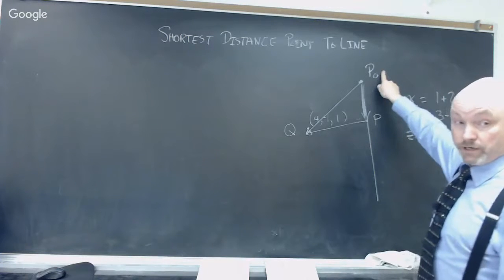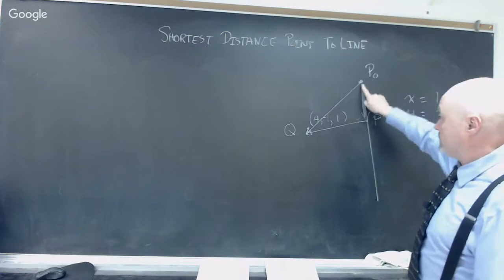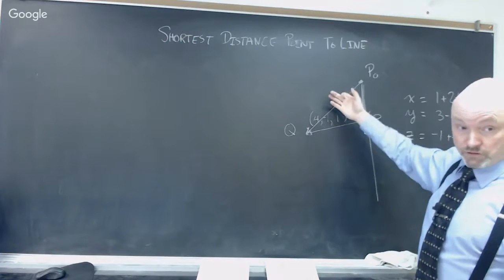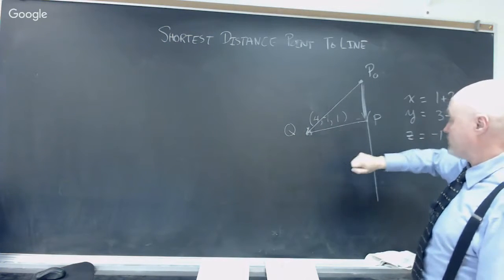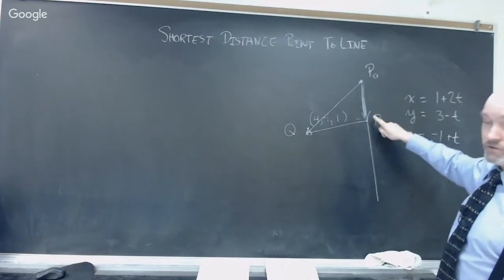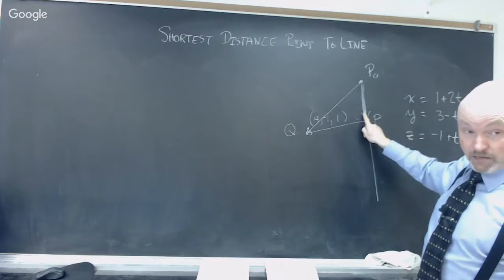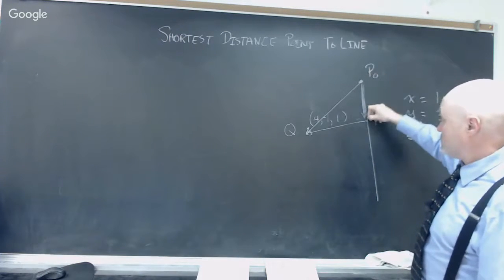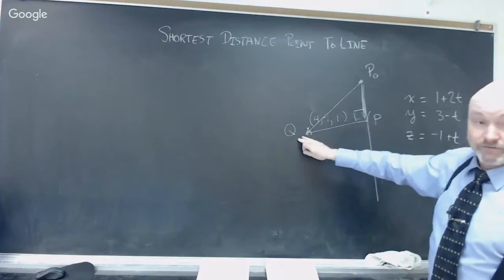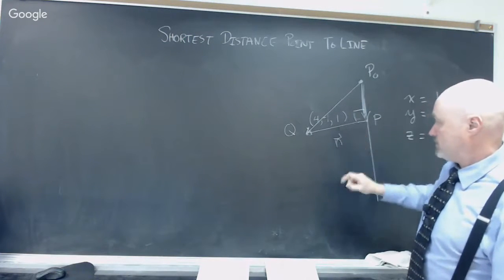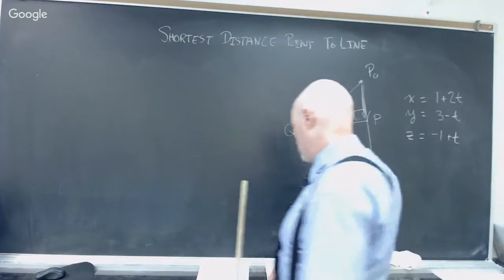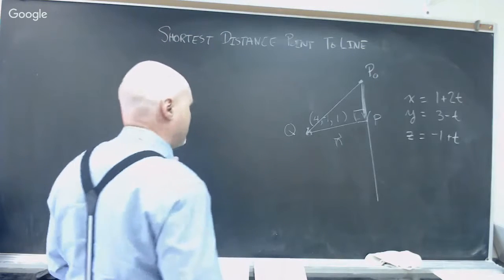So I'm going to use a point here. I can choose it arbitrarily. I can figure out what QP is just using the coordinates. That'll tell me the length there. I can then project this onto the direction vector of the line. And the length of the projection is the second leg of this triangle. And I can figure out what the normal vector length is between point P and Q. Okay, so it's sort of a three-step process.